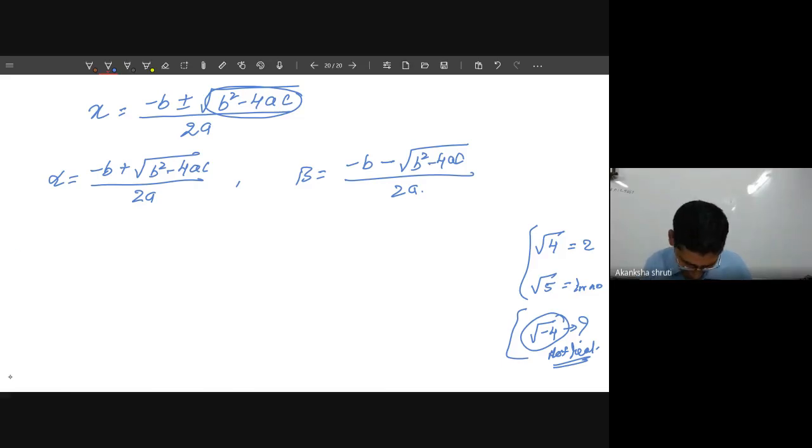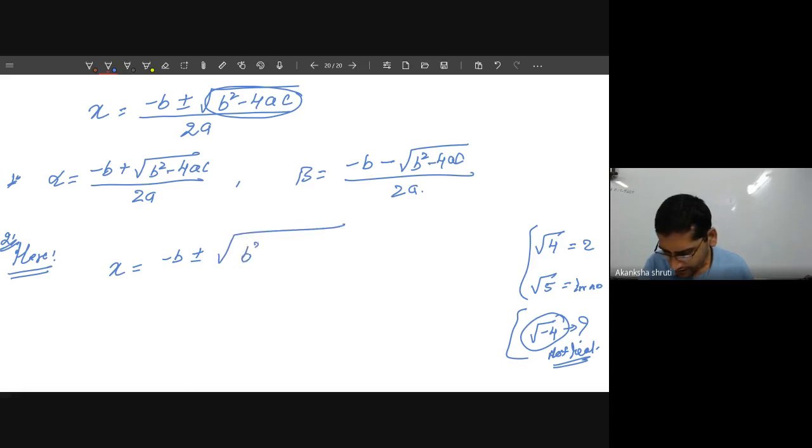So right here, that was one thing: from this equation, how to calculate the two different roots, once by taking positive and the other by negative. The next thing is this x is minus b plus minus under root of b square minus 4ac by 2a.